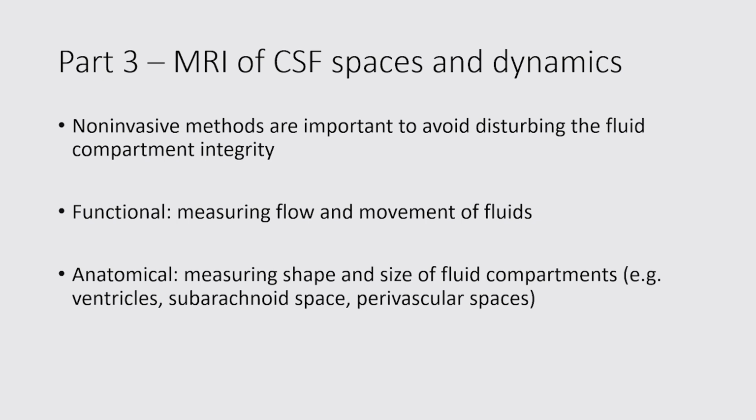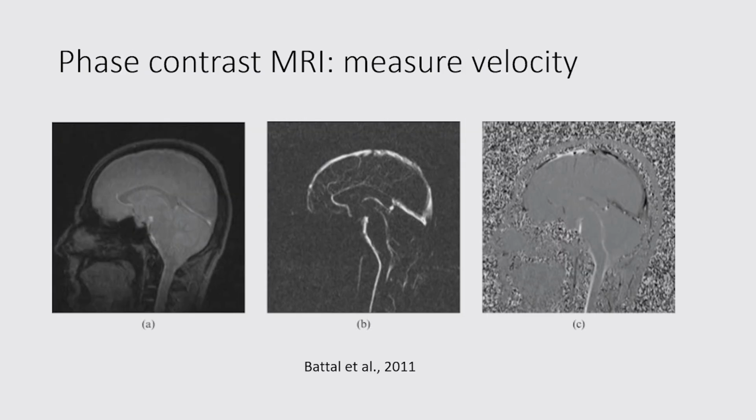All right, so the most common and standard tool for studying CSF flow, or really any fluid flow with MR, is phase contrast MRI, which is not so common in the world of fMRI, but is extremely common in the clinic. And this has been around since about the 80s. This is just an example of what this looks like.